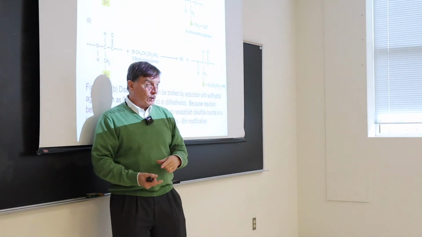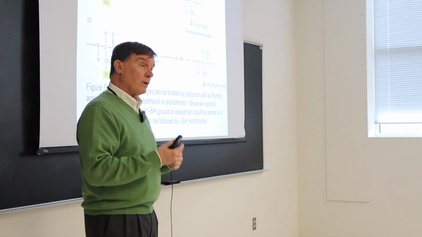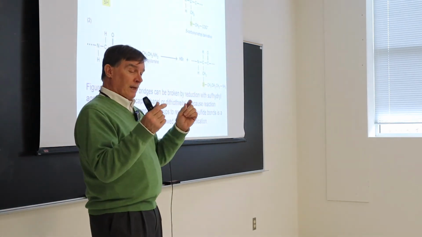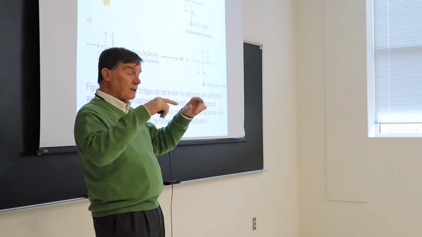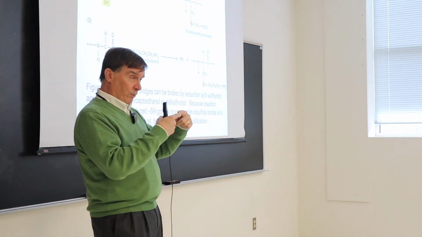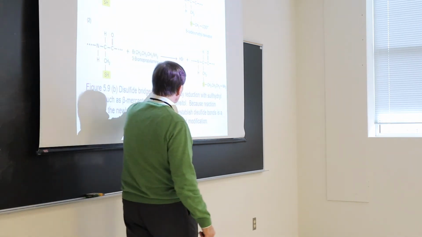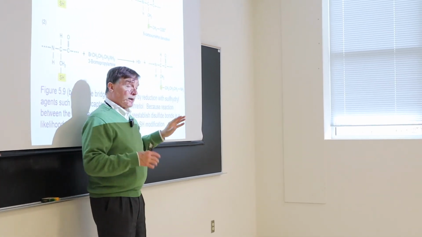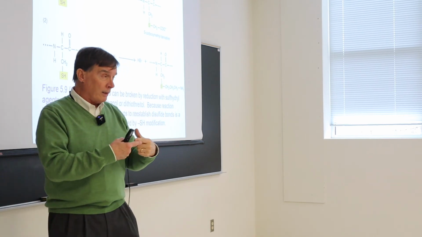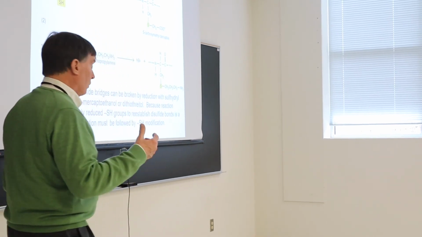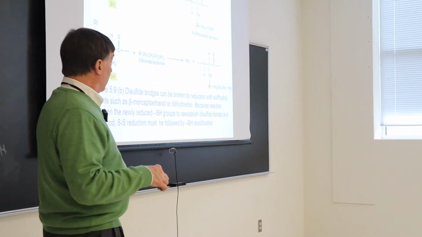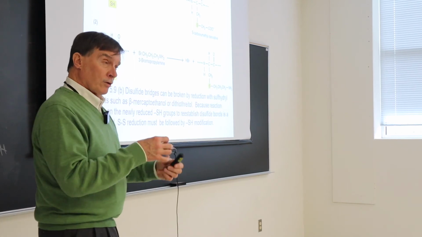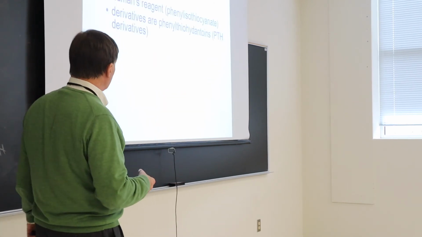So use the mercaptoethanol or the dithiothreitol, dithioerythritol, and once you've made SHs out of your SS disulfide bridge, then you treat with one of these reagents or something like it, and you get these, and then it'll stay put and it won't recombine. So that's the important thing to think about with disulfides. If you don't use an alkylating agent, they will just turn back into disulfide bridges again.